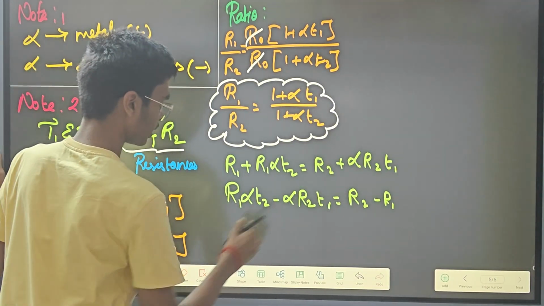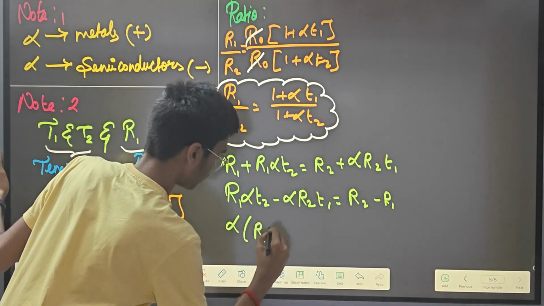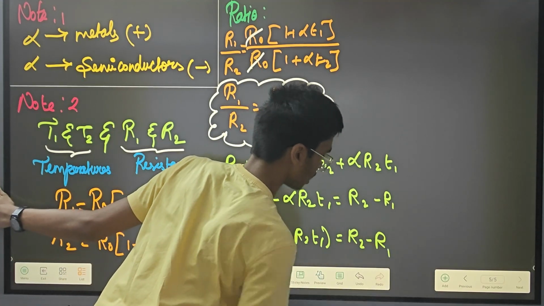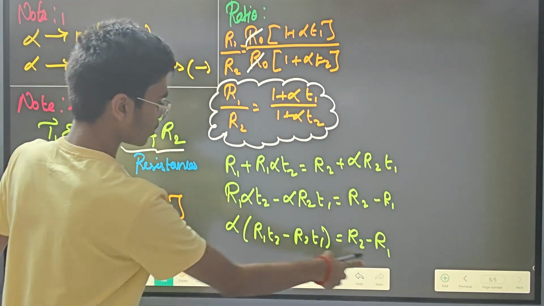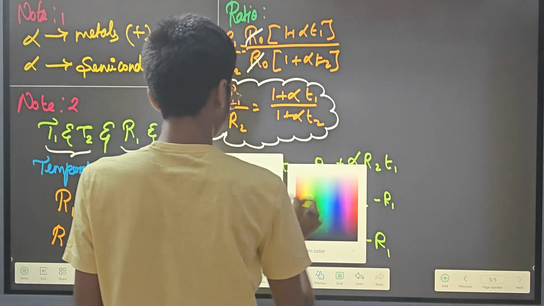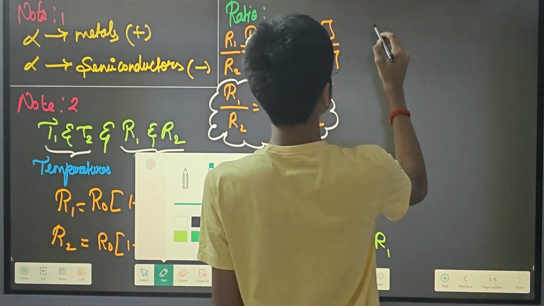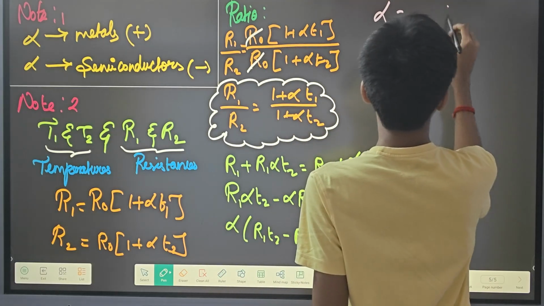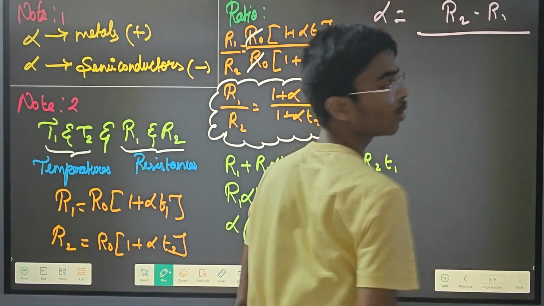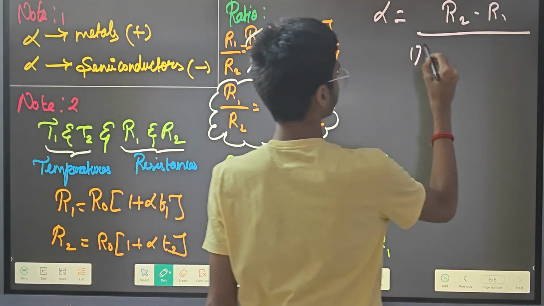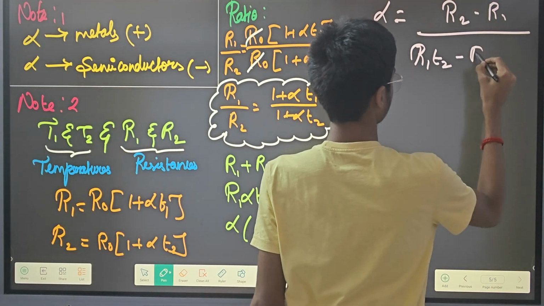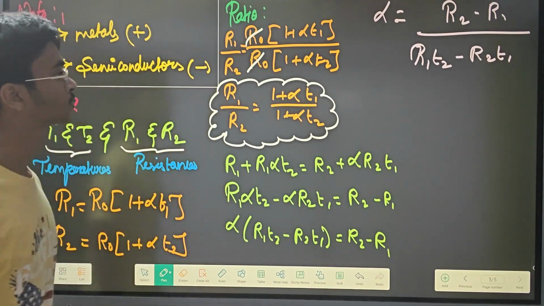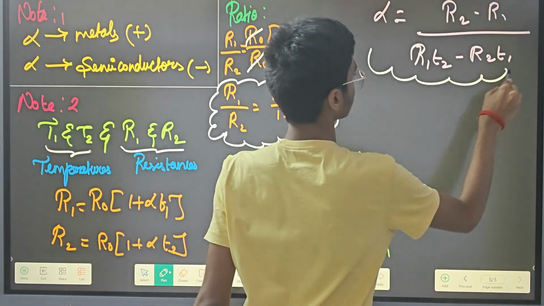Taking alpha as common, alpha times (R1 T2 minus R2 T1) is equal to R2 minus R1. So alpha is equal to (R2 minus R1) divided by (R1 T2 minus R2 T1). This is one thing you have to note.